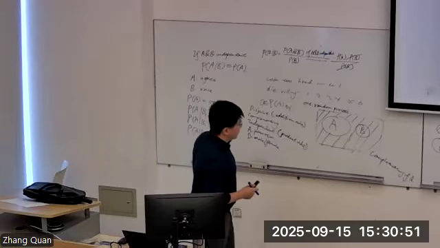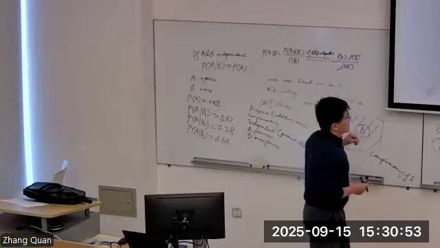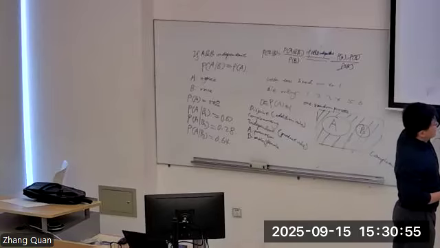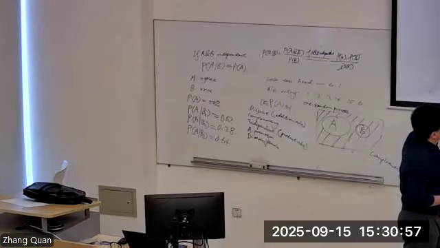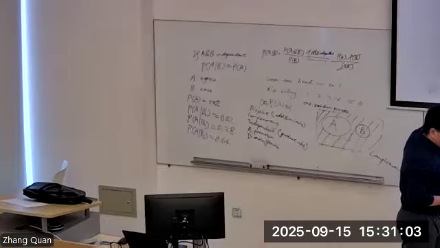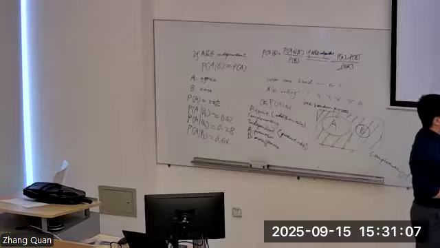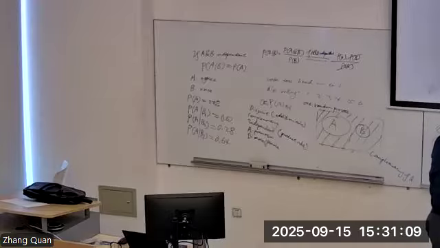Okay, so for conditional probability, we call the B, the one just after the bar, the condition, but we never indicate causation with conditional probability.